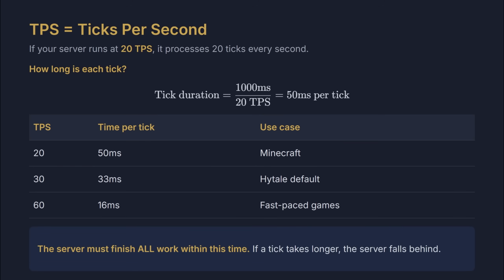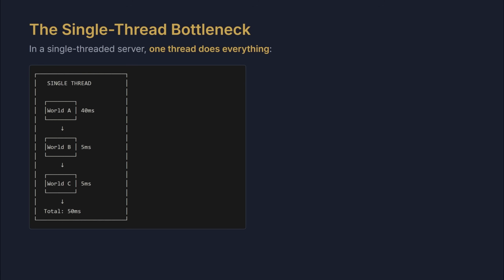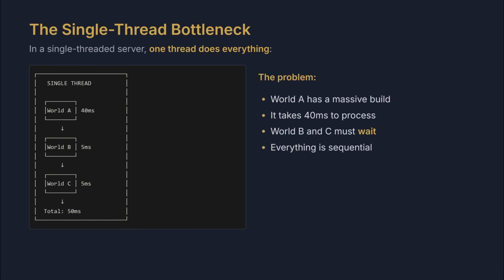So the server must finish all work within this time. If a tick takes longer, the server falls behind. In a single-threaded server, one thread does everything. Let's say we have 3 worlds in a single-threaded server, world A, B, and C. If world A takes 30 milliseconds to process, world B and C must wait because everything is sequential.